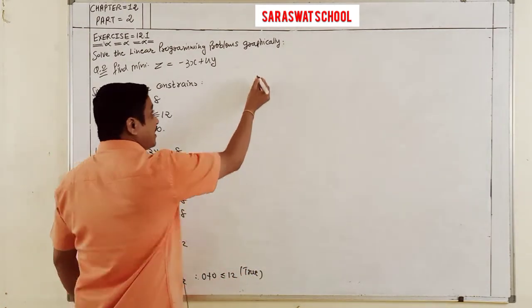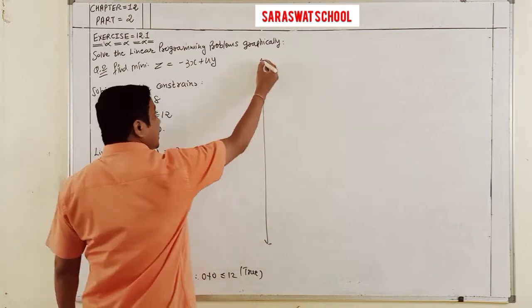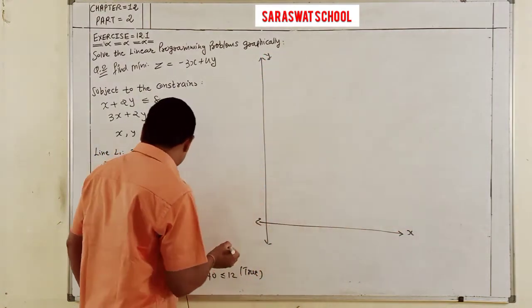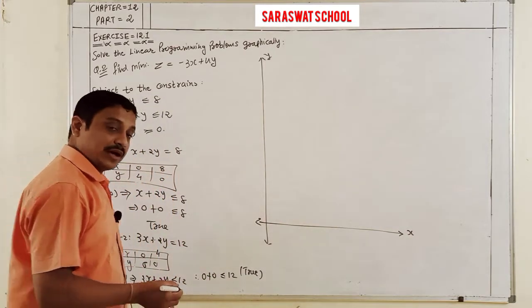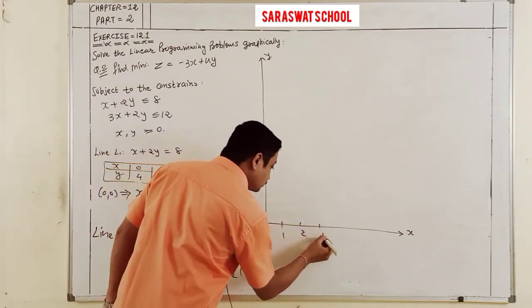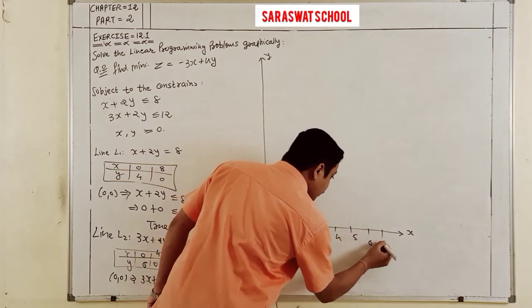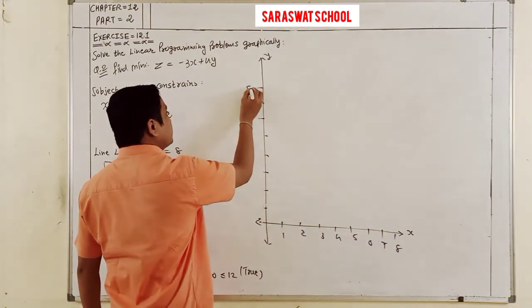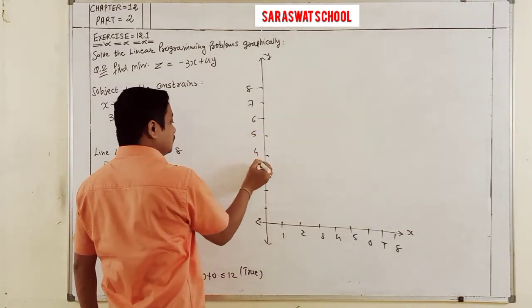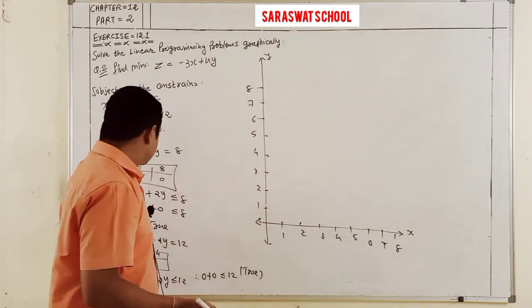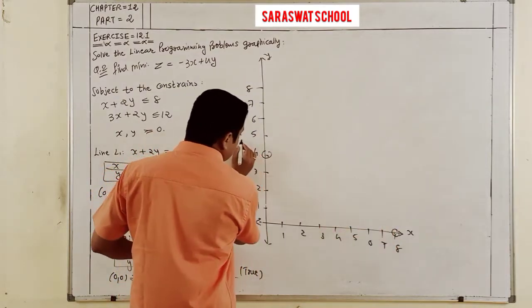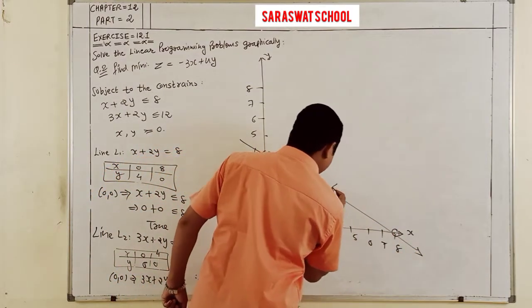Yes, so for my graph, I easily derived that the intercepts are 8 and 4. I will go 1 2 3 4 5 6 7 8 along each axis, and go to the table values 0 4 and 8 0, and join that L1 line.